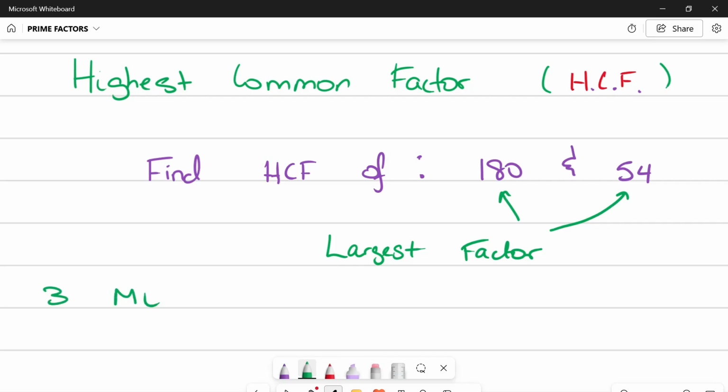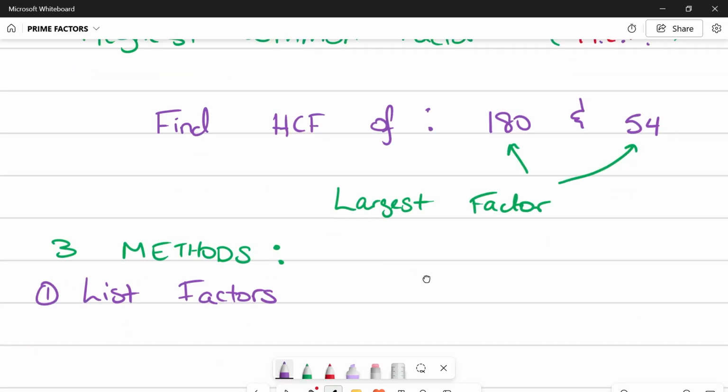There are also three methods of finding the HCF. The first method involves listing factors of both numbers until we find the largest factor that 180 and 54 have in common. This method takes the longest.